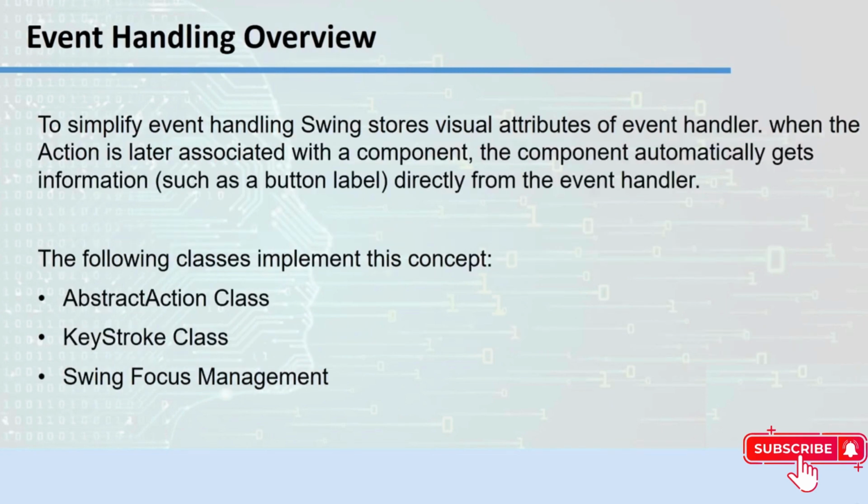Event handling is quite hard, and in order to simplify this, Swing stores virtual attributes for each event handler. So when an action associated with a component happens later, that component automatically gets the information. The following classes implement this concept, not just them, but these are the ones we're going to cover here.